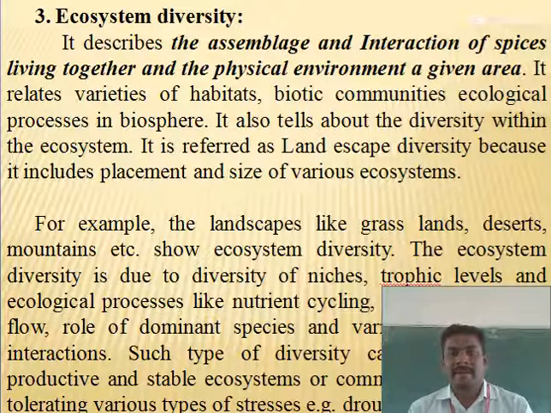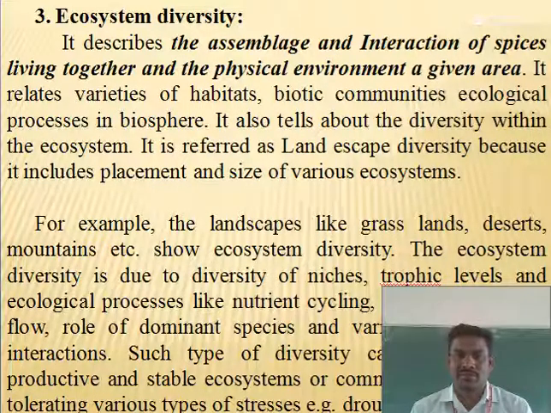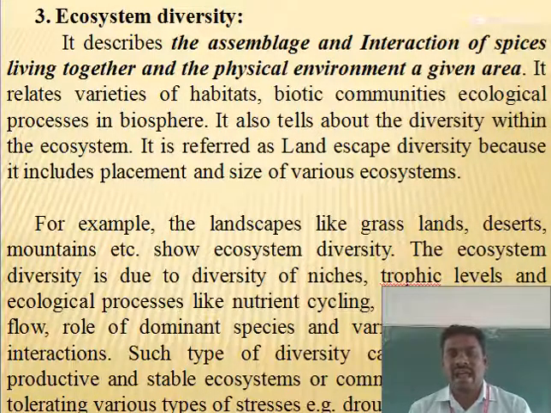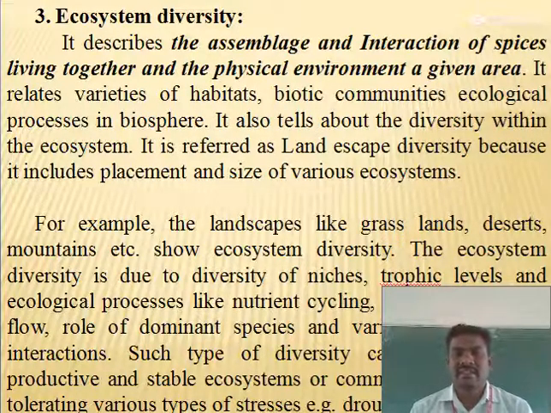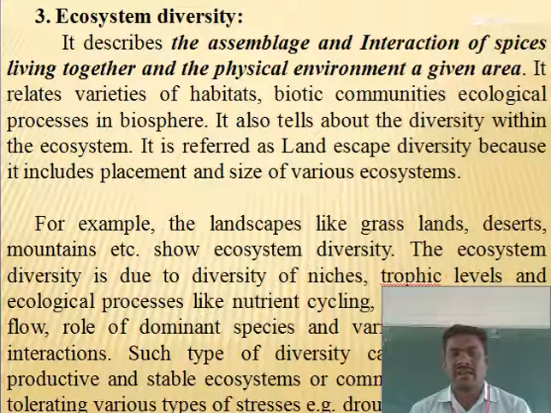It also tells about diversity within the ecosystem. It is referred to as landscape diversity because it includes placement and size of various ecosystems. For example, landscapes like grassland, desert, mountain, etc. show ecosystem diversity. The ecosystem diversity is due to diversity in niche, trophic level, and ecological process.